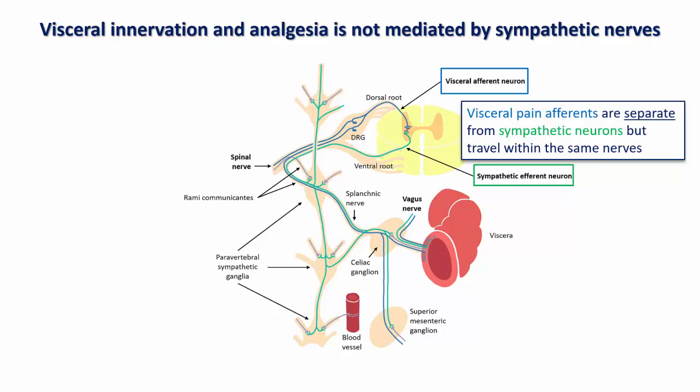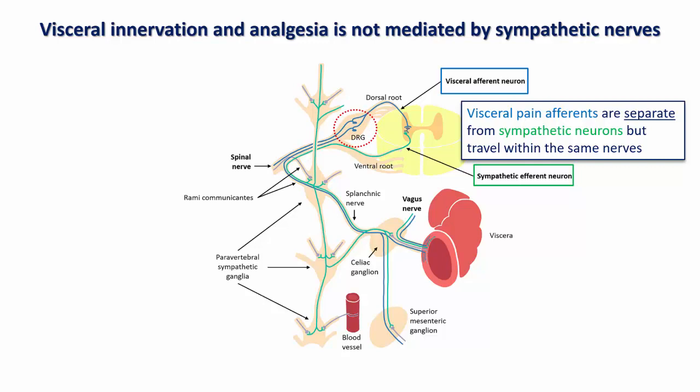However, they do travel in the same anatomical nerves and plexi as these visceral sensory afferents, so performing a so-called sympathetic block, like a celiac plexus block, will produce visceral analgesia, but this is not due to blockade of the sympathetic fibers per se.